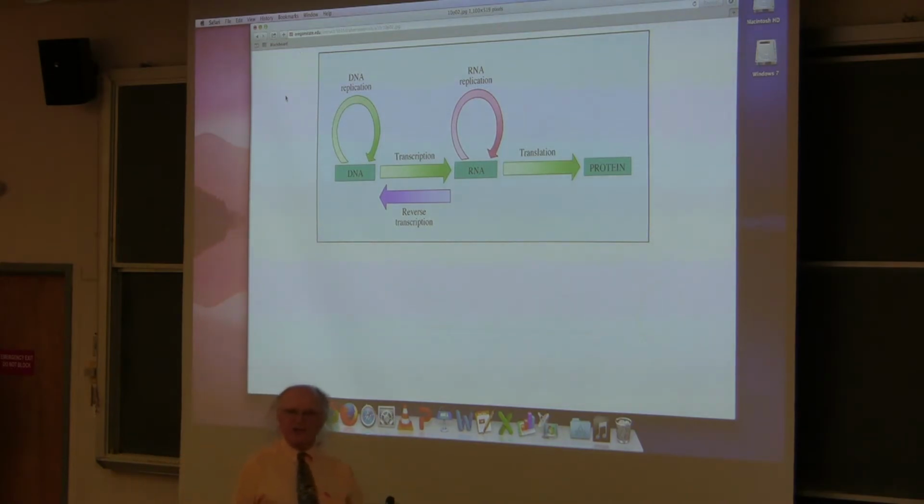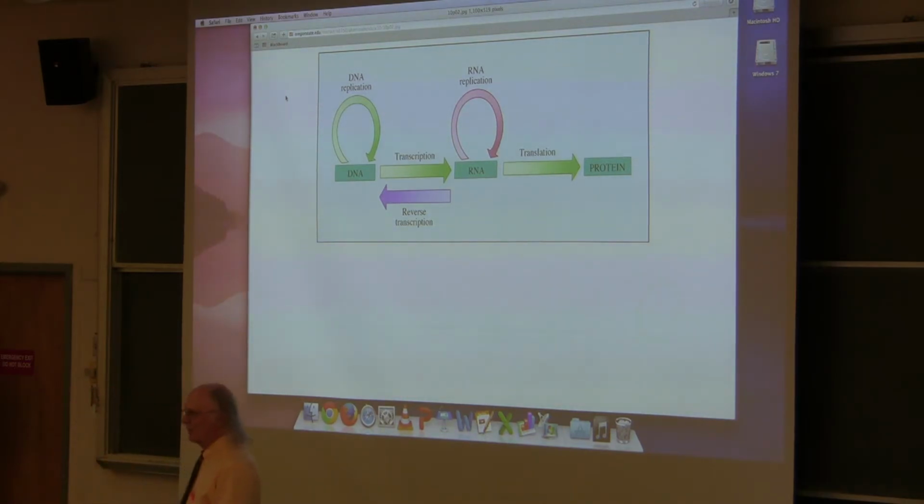There are, for example, viruses that have as their genetic material RNA instead of DNA. In order for them to go through their life cycle, they have to convert that RNA back into DNA. That is reverse transcription. It takes a special enzyme, and I'll talk about that later. One of the viruses that has this property is a class of viruses known as retroviruses.